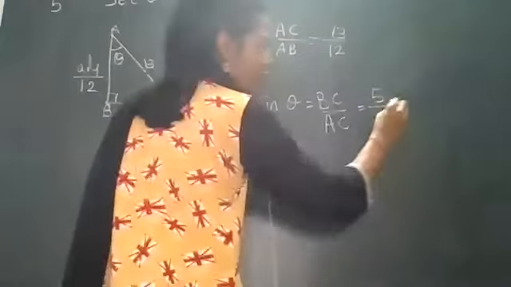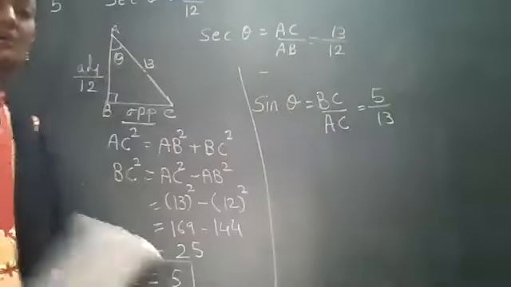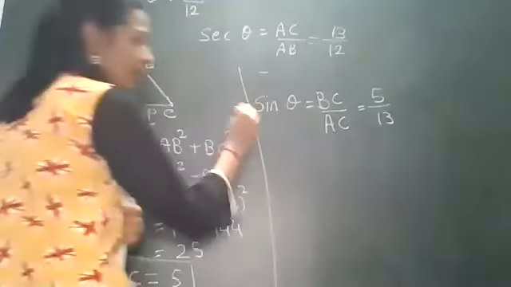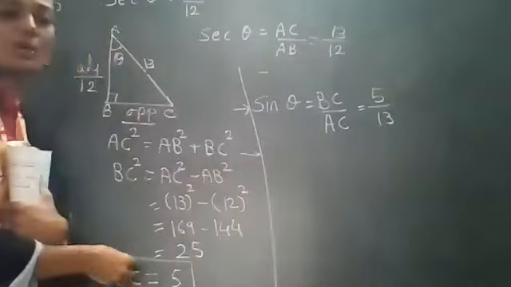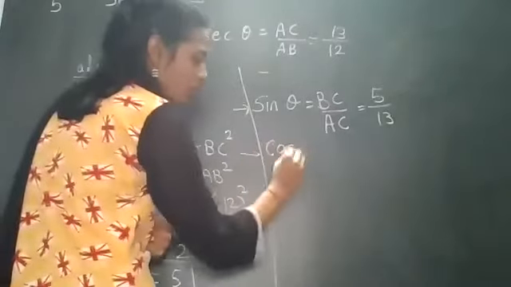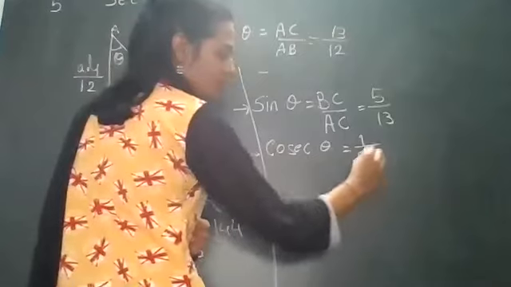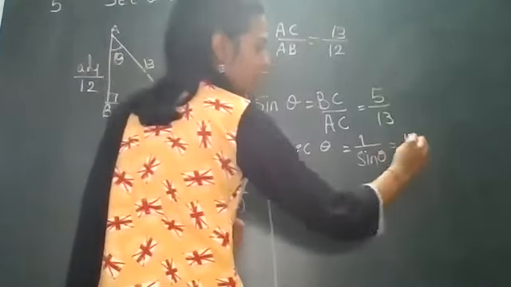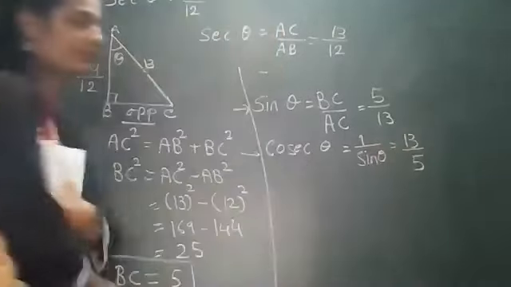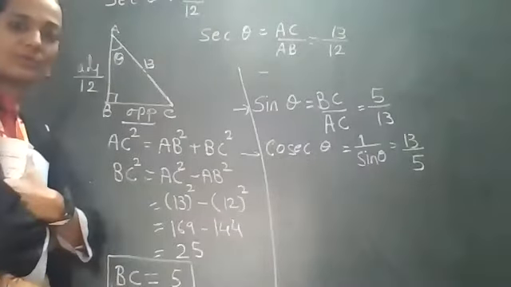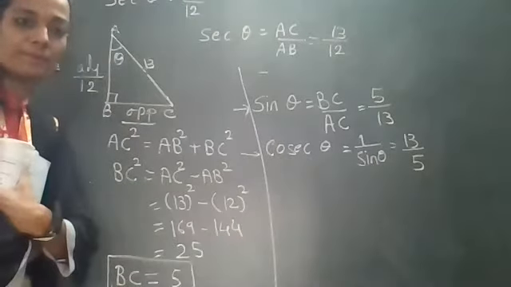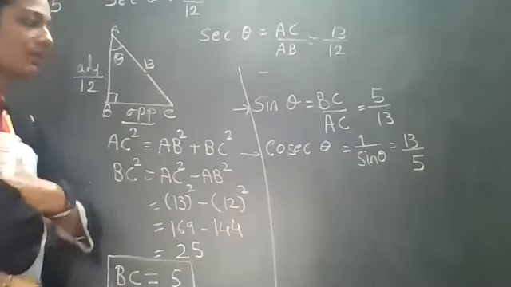So we get 5 upon 13. Now students, immediately write down the reciprocal of this one. That will become what? Cosec theta. So cosec theta is equal to 1 upon sin theta is equal to 13 upon 5. Yes or no? Yes, ma'am.